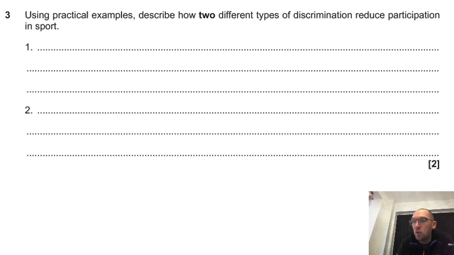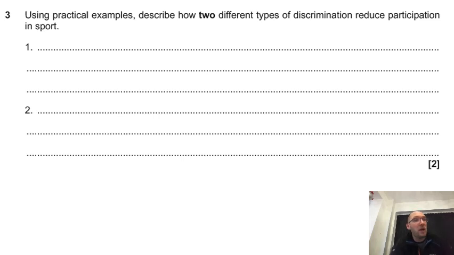Many candidates score few marks for this question because they did not use any particular examples demanded by the question, or the examples were not types of discrimination that might reduce participation. Simply stating a fact, a football team with no black players is not an example of discrimination, but a football team who do not select any black players is a valid answer. So it's actually coming into discrimination.